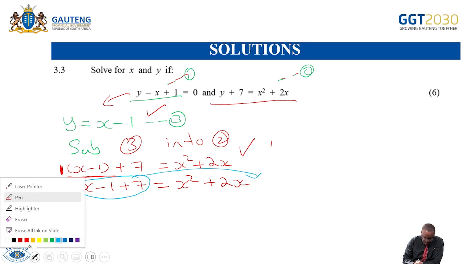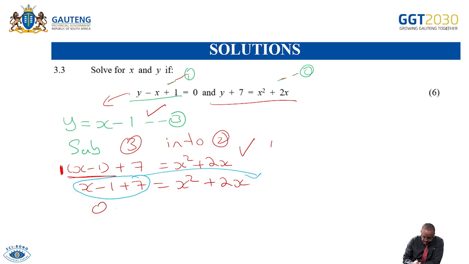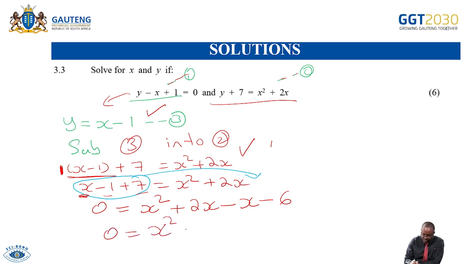So we are going to have 0 is equal to x squared plus 2x negative x, because it's positive on the other side. Negative 1 plus 7 is going to be plus 6. Then when we transpose it, it's going to be negative 6. Then 0 is equal to x squared plus x minus 6.